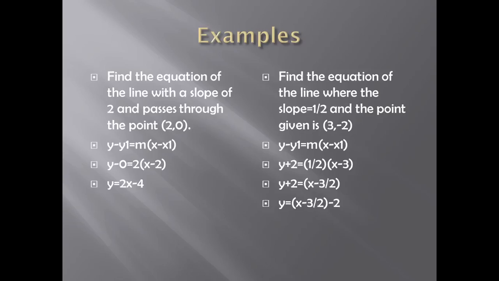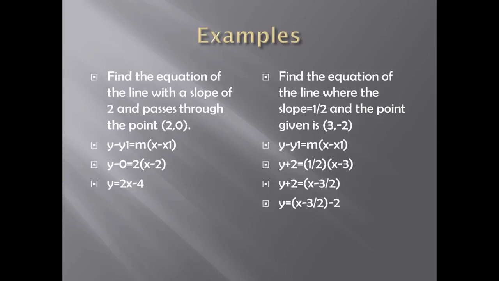Y minus negative 2, we know a negative times a negative is a plus, so we're going to get y plus 2 on the one side. Our slope is again 1/2. And now we have x minus x1, where x1 is equal to 3, so we do x minus 3. So we have y plus 2 is equal to 1/2 times x minus 3.